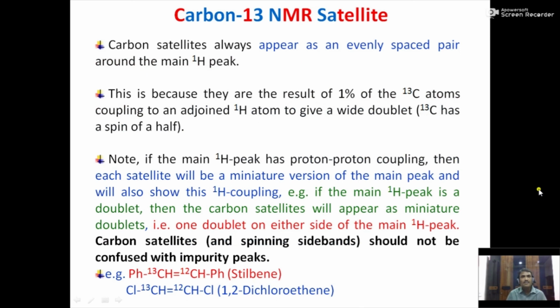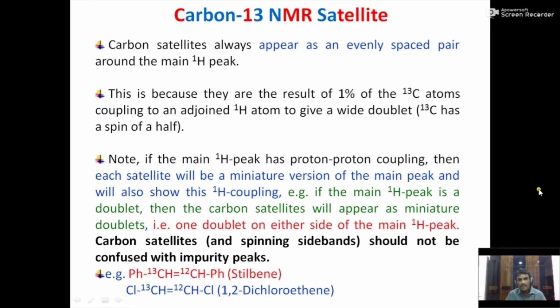Carbon satellites always appear as an evenly spaced pair around the main H1 peak. This is because they are the result of approximately 1.1% of the C13 atoms coupling to the adjoining H1 atom.